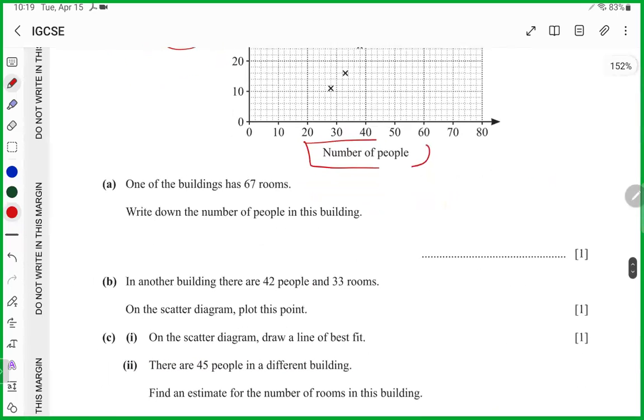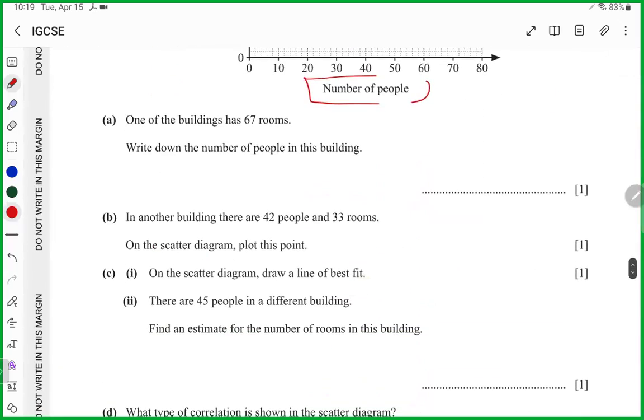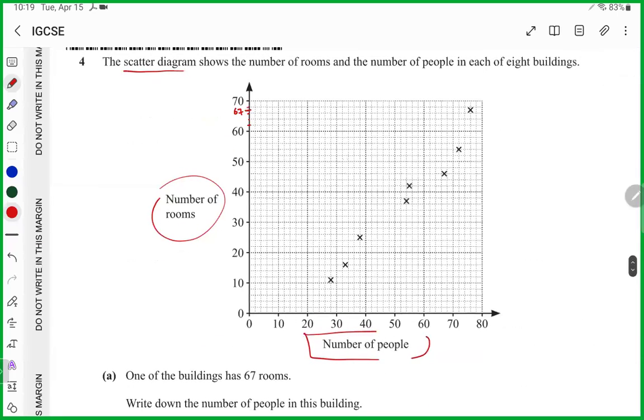We need to draw a line of best fit first. In this question, it's recommended that you draw a line of best fit first. In order to draw a line of best fit, the main idea is that 50% of your data must lie above and 50% of the data must lie below this line of best fit.